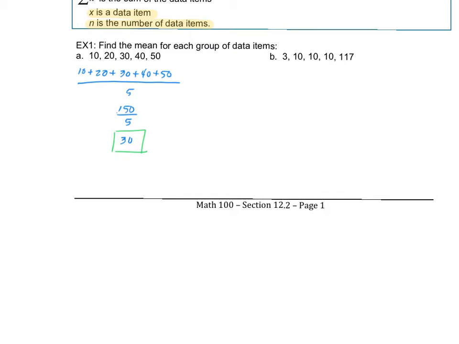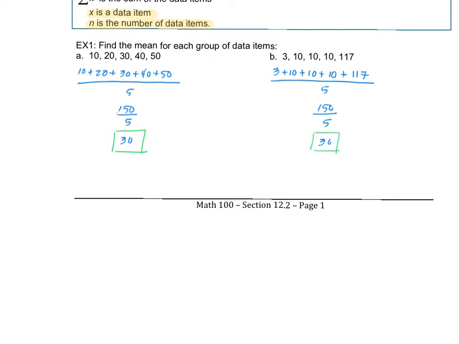We still have 5. So if I was going to find the mean for these, again, I would just add them up. 3 plus 10 plus 10 plus 10 plus 117. Divide by 5, and I get 150 over 5, which is 30.